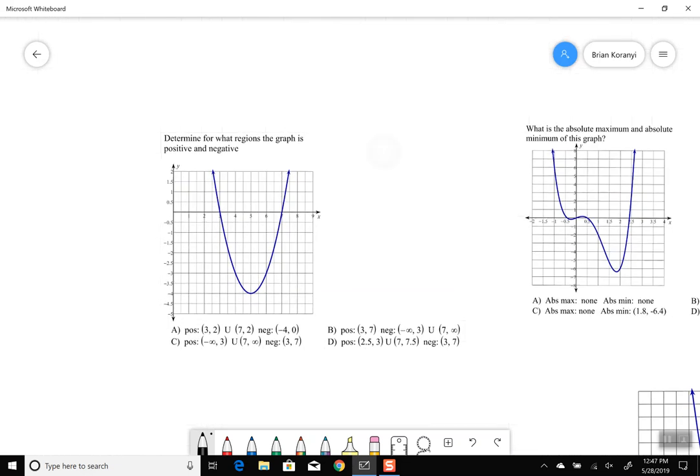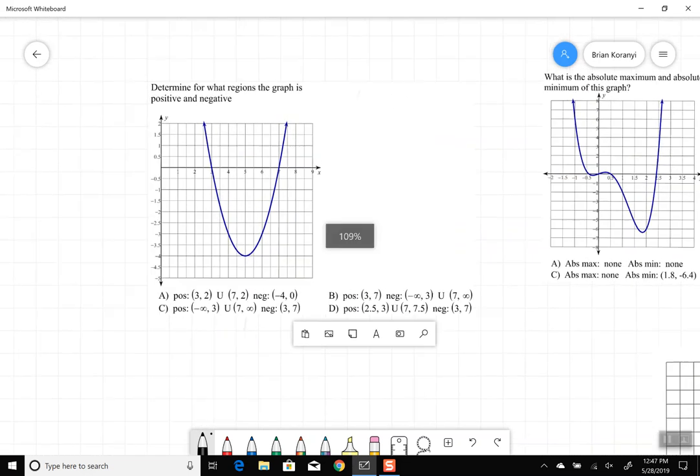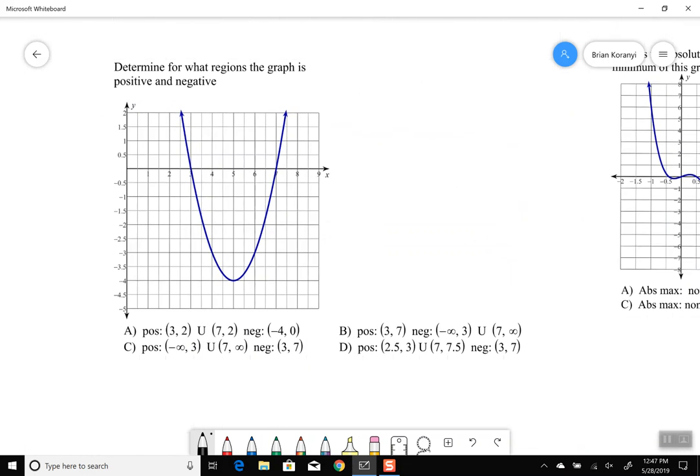All right. Determine for what regions is the graph positive or negative. Positive is where your values are positive. And when it's talking about positive values, it's going to be talking about the y value. So positive y values and negative y values.